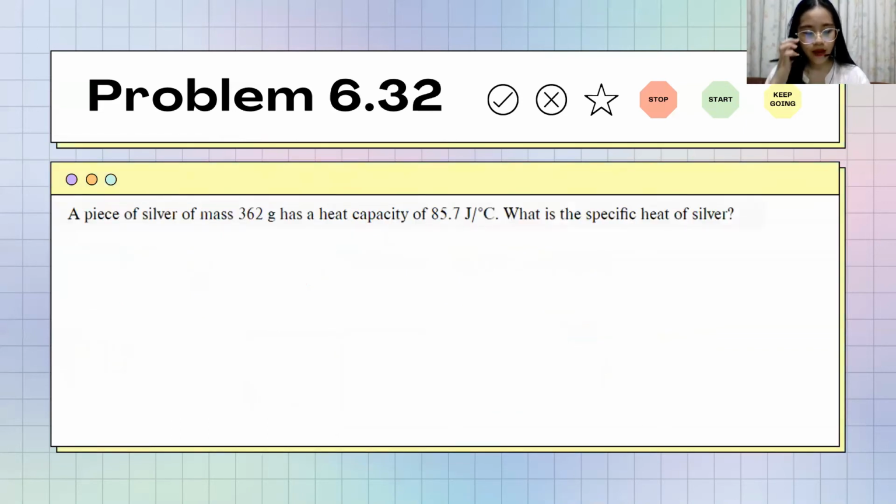Next, we have here problem 6.32 about thermochemistry. A piece of silver of mass 362 grams has a heat capacity of 85.7 joules per degree Celsius. What is the specific heat of silver?